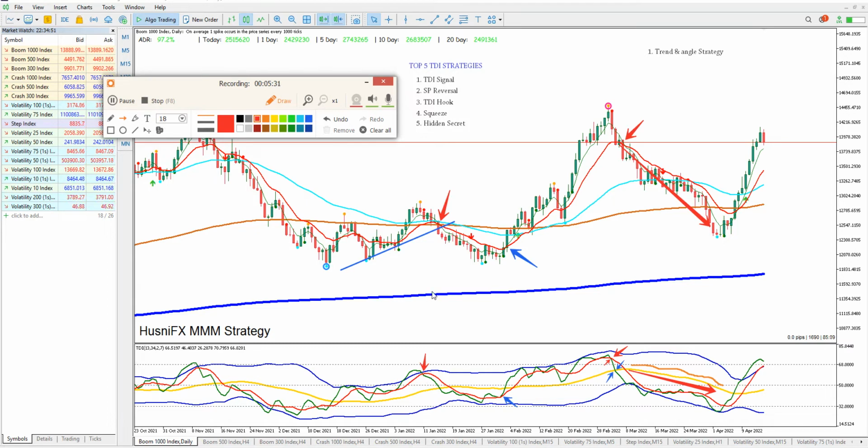So this is what is called the breakdown of the strategy, the TDI signal. One was the crossover of the red and green line.